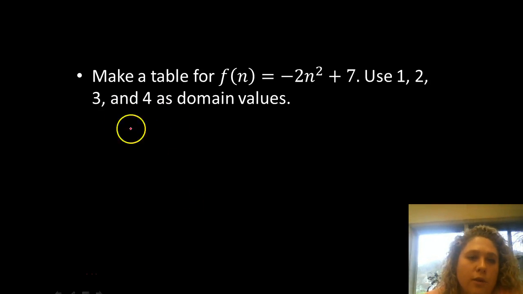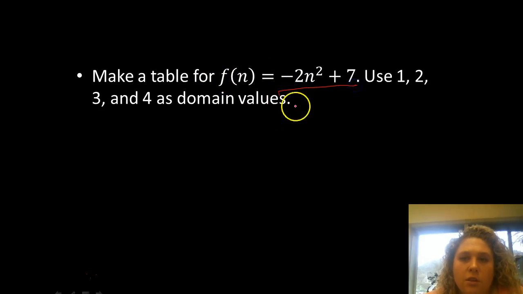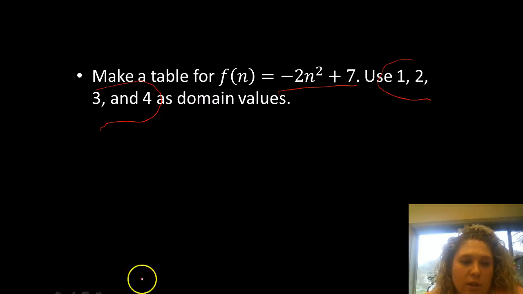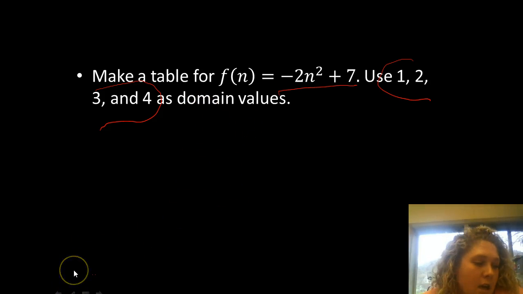We are going to make a table for this function using these input 1, 2, 3, and 4 values to find my output. Go ahead and create that, fill in your table, and check it when you're done.